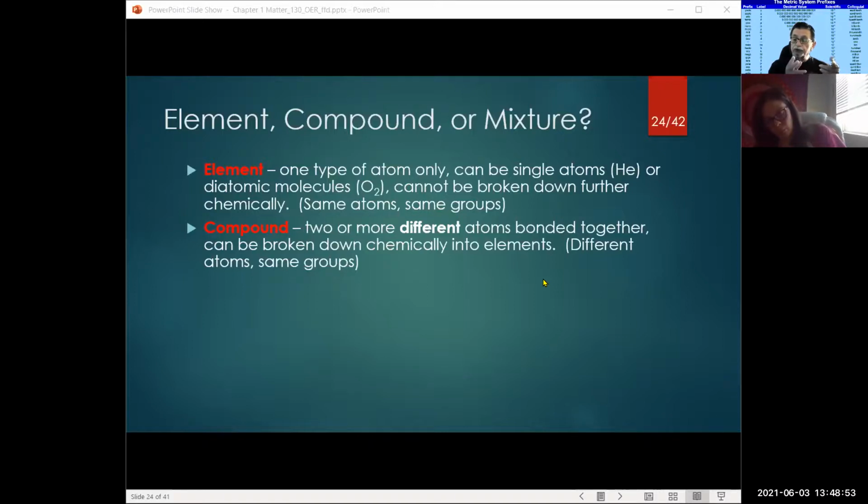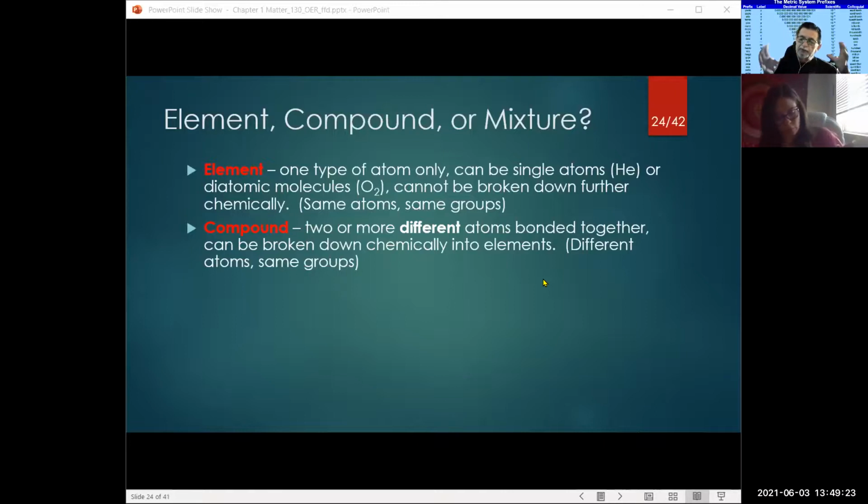NH3 is two different elements bonded together. And that example in the previous slide, it got broken down to nitrogen and hydrogen, okay? So compounds can be broken down to the elements, to the atoms themselves, that's it. And the elements, that's where they stop. We can't break those down any further unless we start breaking down the particles of what they're made up of.